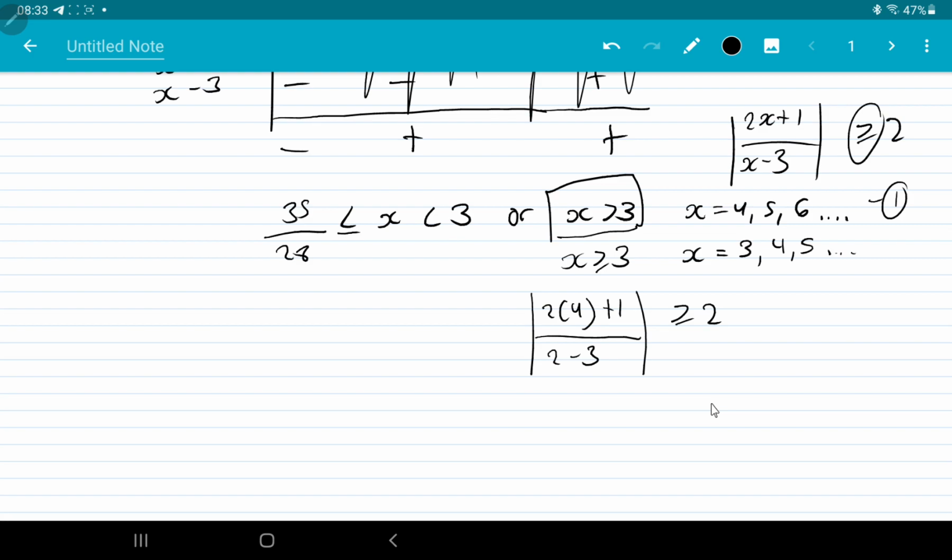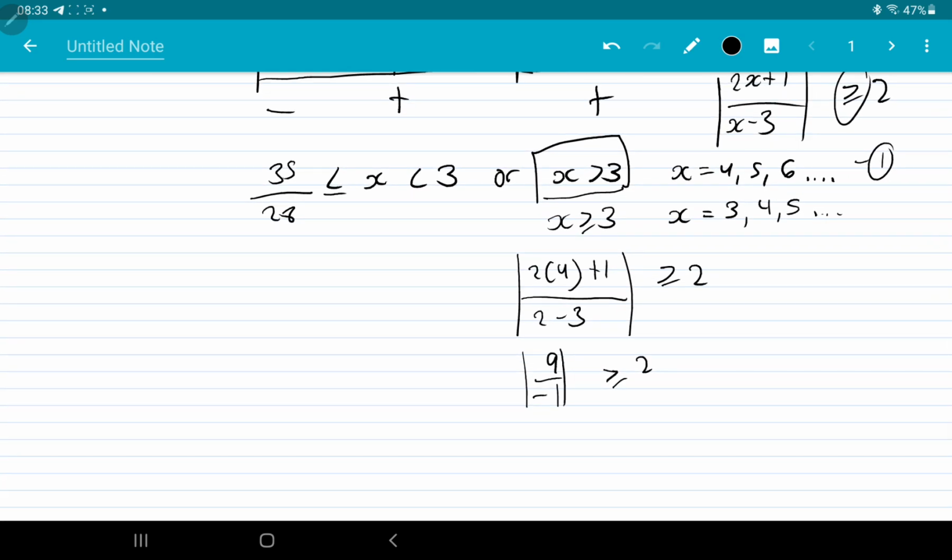So 2 times 4 should be 8 plus 1 should be 9. 9 divided by 1. So we know this is the absolute value, so any number in the absolute value should be a positive value, so it should be 9 is bigger than or equal to 2. So this is true.